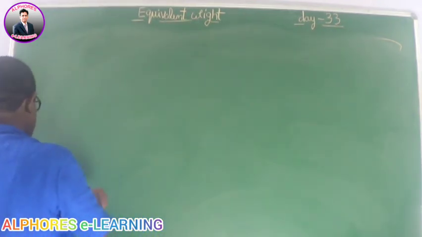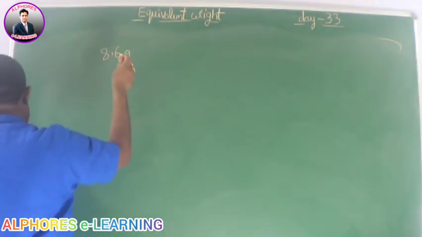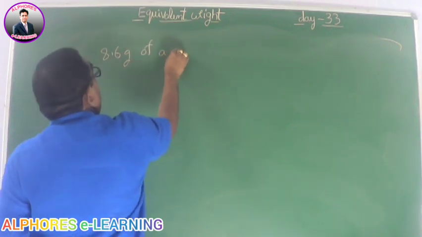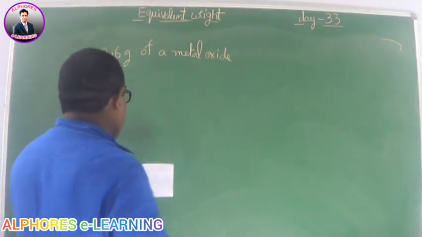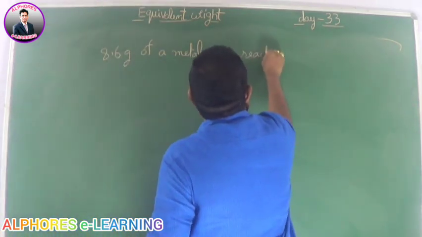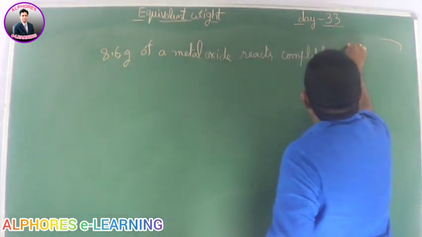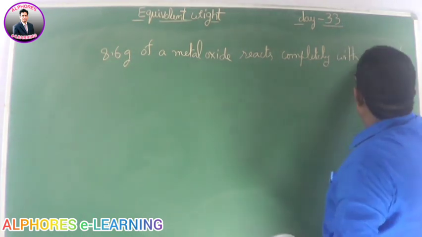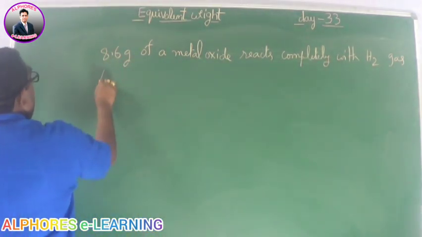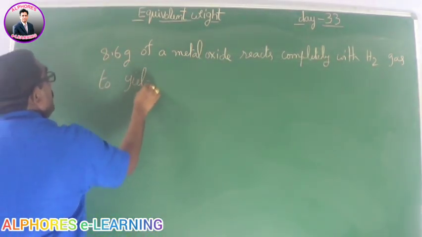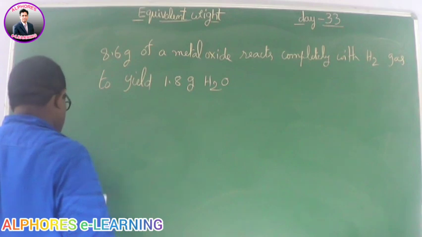Write down, students. 8.6 grams of a metal oxide reacts completely with hydrogen gas to yield 1.8 grams of H2O.